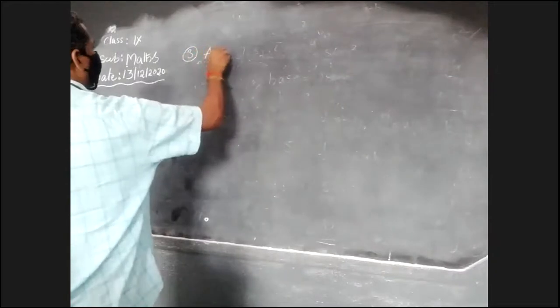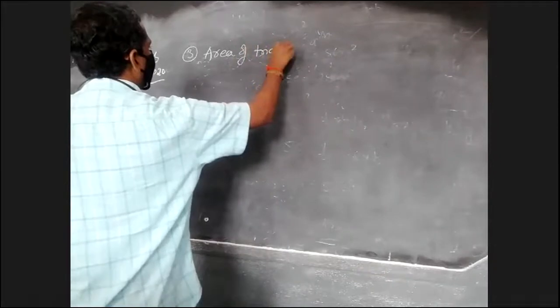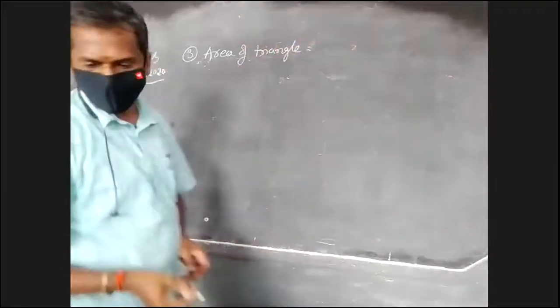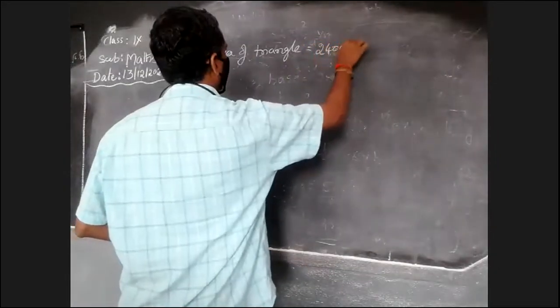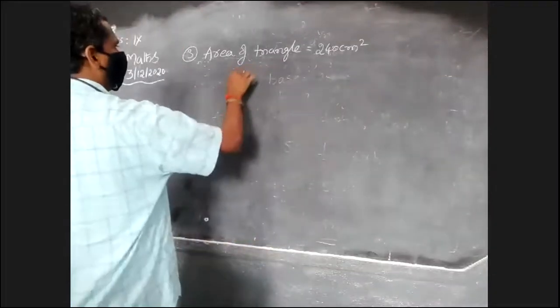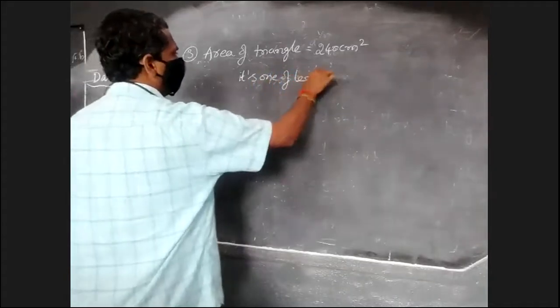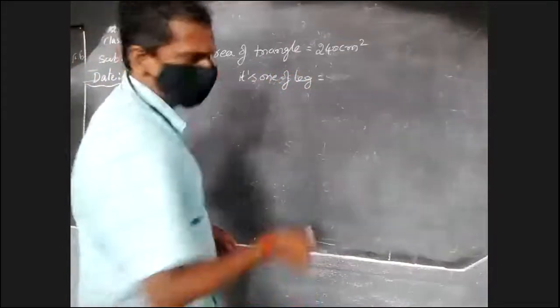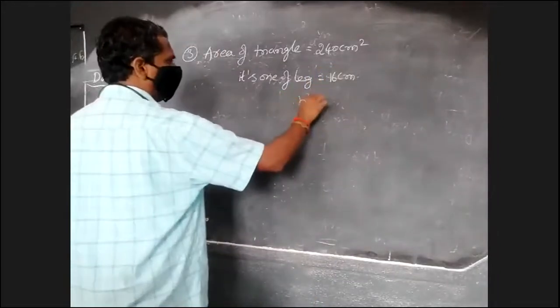Area of the triangle is given as 240 centimeters square and one of its legs is given as 16 centimeters long. So we can find the other one, that is the height.